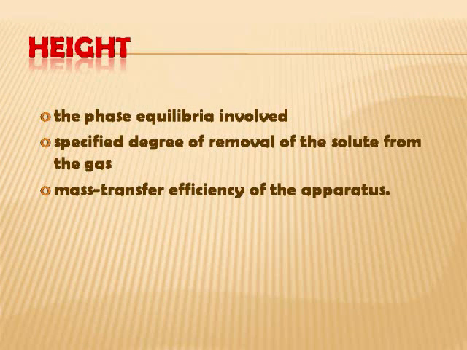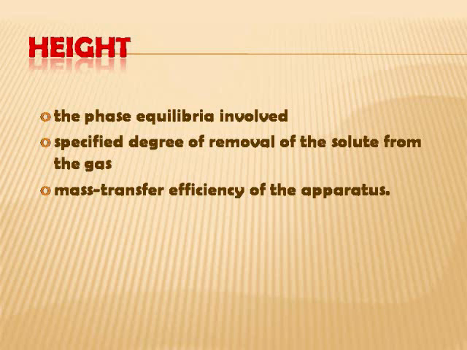Lastly, we need to consider the computations of the tower height. The required height of a gas absorption or stripping tower actually depends on three things. First is the phase equilibria involved, then we have the specified degree of removal of the solute from the gas, and lastly, the mass transfer efficiency of the apparatus. Now, these considerations actually apply to both the plate tower and the packed tower.